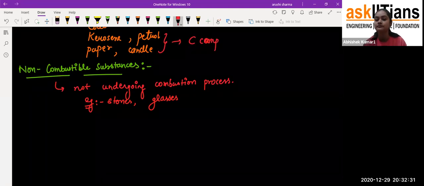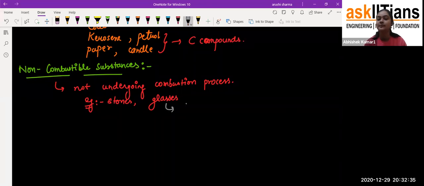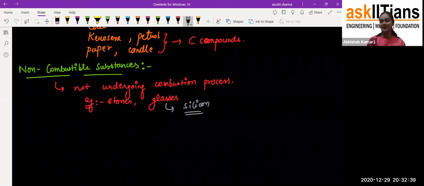But glass is made up of silicon. I'm just trying to give you more knowledge. Since it is silicon, it will not undergo the combustion process. So these are the non-combustible substances which do not undergo combustion.